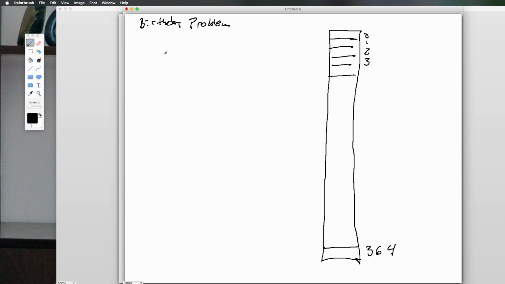And we have a bunch of people over here. I'm going to say P1, P2, P3, P4, all the way up to some PK. And the question that we have is what is the probability that all of these K people have different birthdays? And when I'm saying birthdays, I'm just referring to month and day.